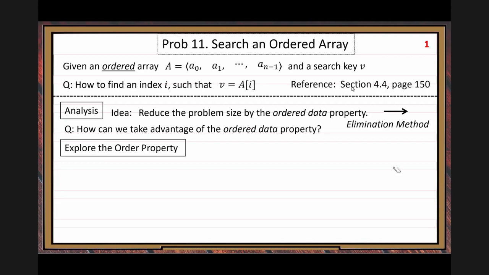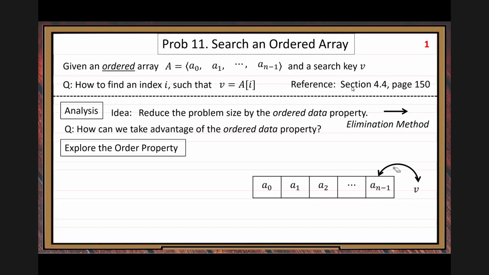So explore the order problem. Let's draw a diagram. We try to apply the order property for our data as much as we can. So this is an ordered array, ascending order. Now we consider our first comparison. In our first comparison, we have a lot of freedom, right?